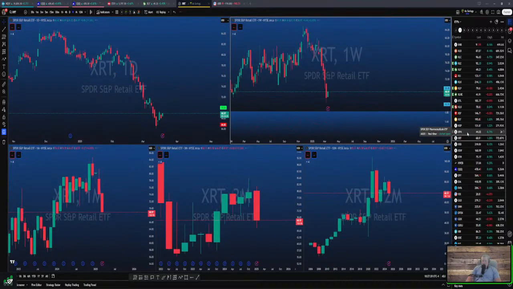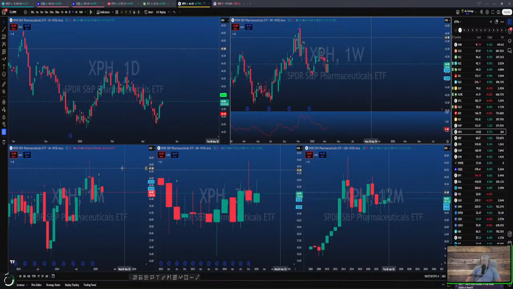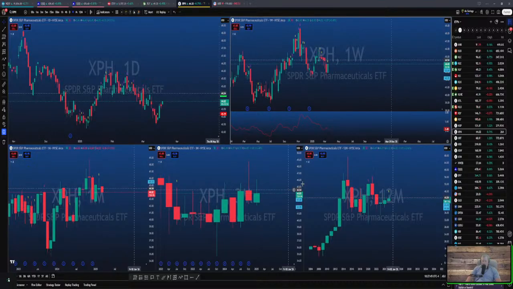Pharmaceuticals. A good thing you could do is just look at this bottom row. If these aren't aligned, then it would have to be a really darn good looking chart for me to take something up here on the top when the bottom doesn't align.